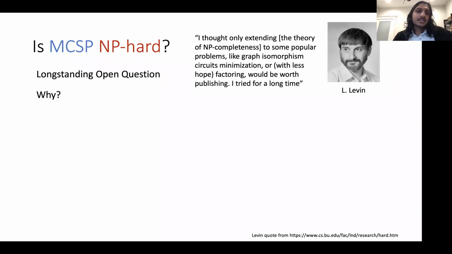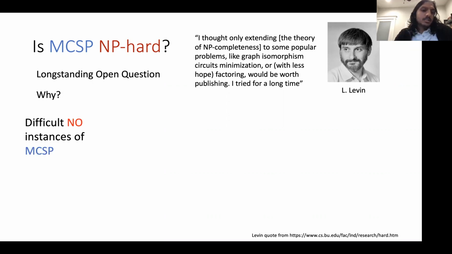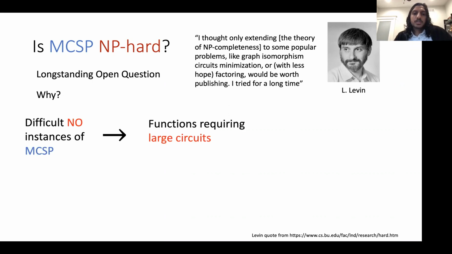So why is this such a hard question to answer? Why is it so difficult? We know thousands of problems are NP hard. Why is this one difficult? The reason is that when you look at what the difficult no instances of MCSP really are, they correspond to functions requiring large circuits.